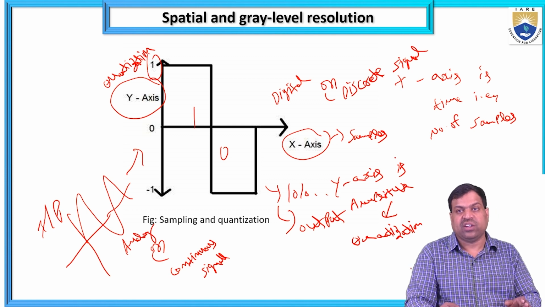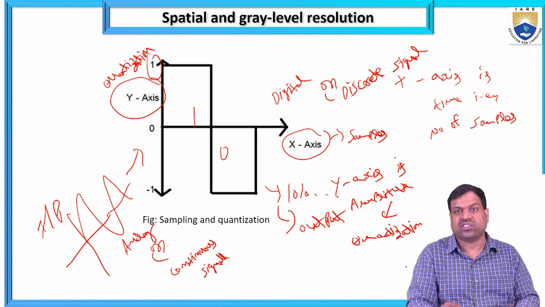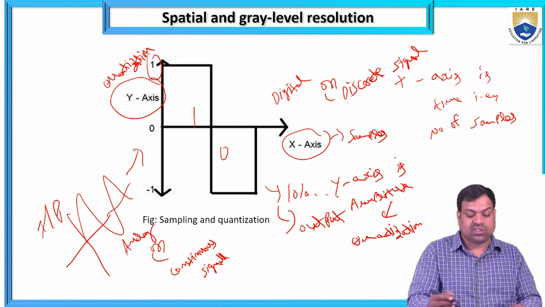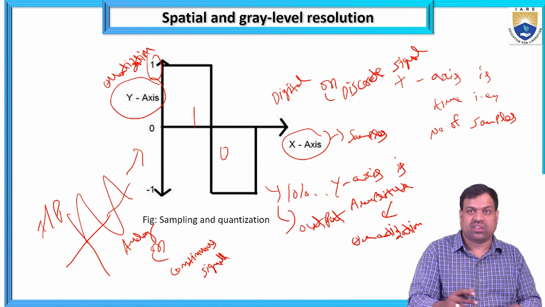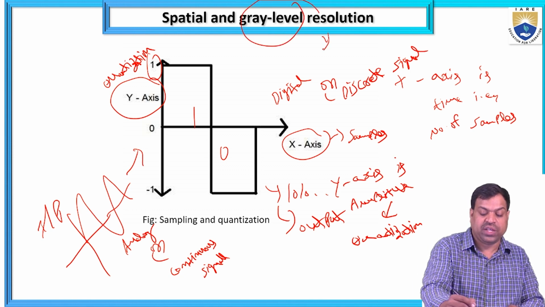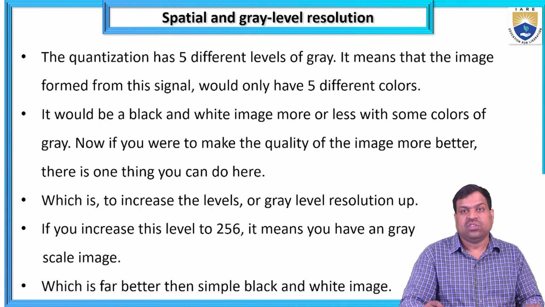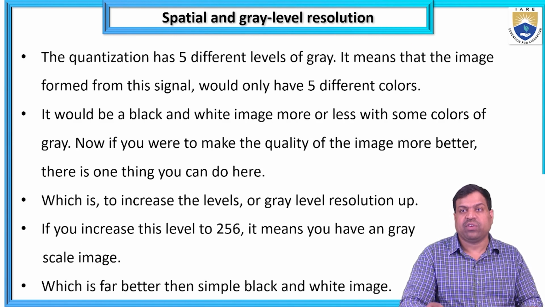It has the x-axis and y-axis, with sampling and quantization levels. The gray level values depend on sampling and quantization. Here the quantization has 5 different levels of gray.